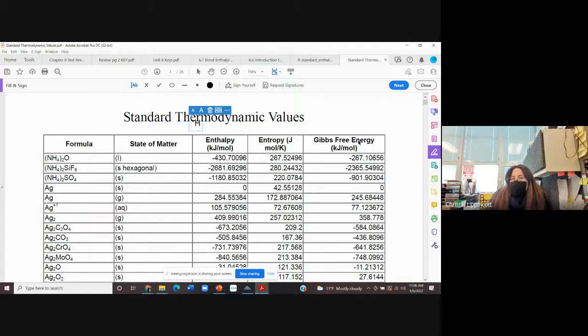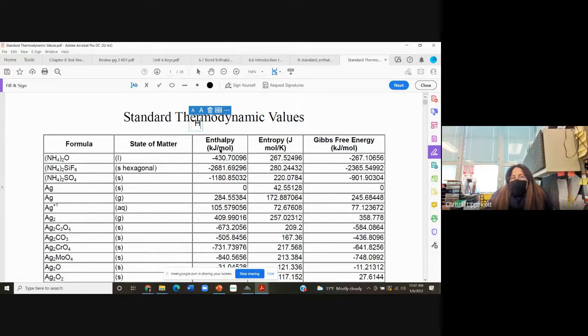Now, these values for enthalpy, which is all you care about right now, are in kilojoules per mole.